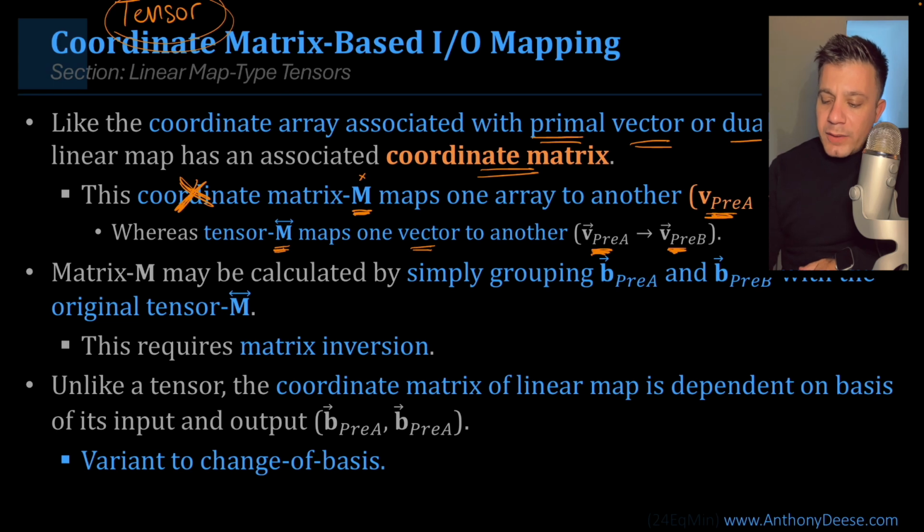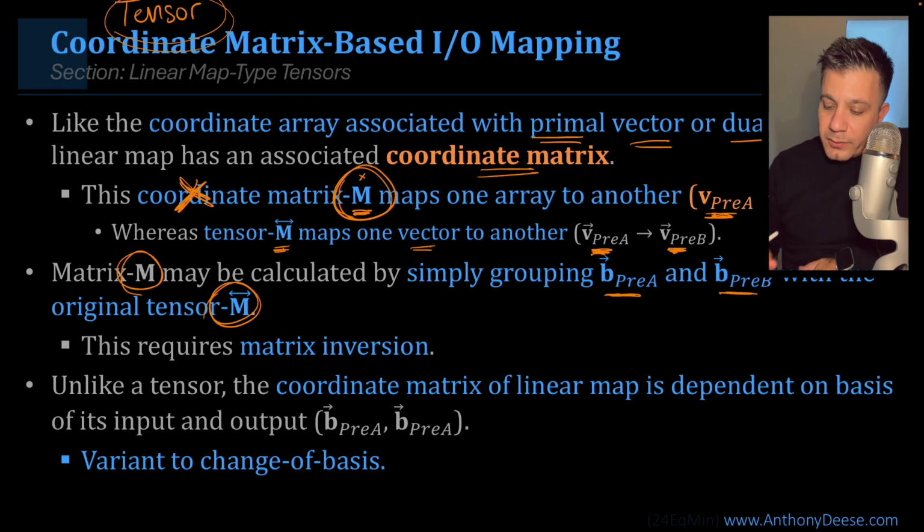Now, how can we derive an expression that looks like this? What we have to do, and we're going to show this on the next slide, is calculate matrix M by simply grouping the basis sets from both the input and the output arrays with the original tensor M.